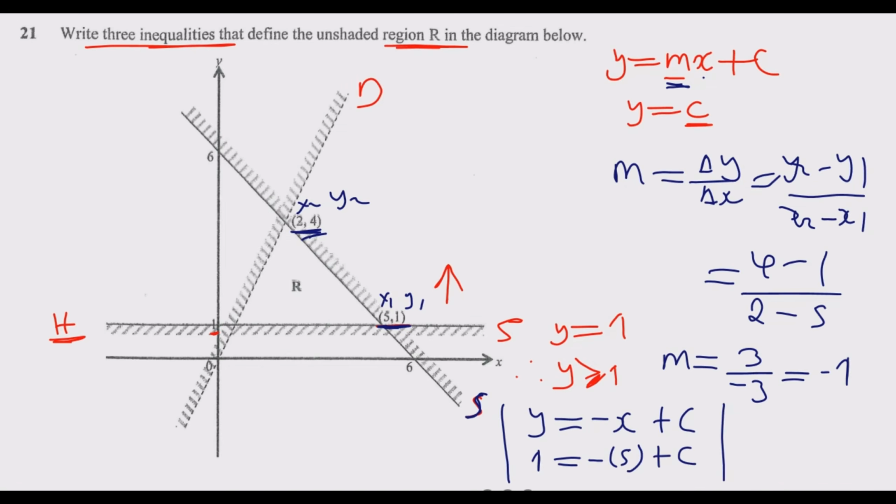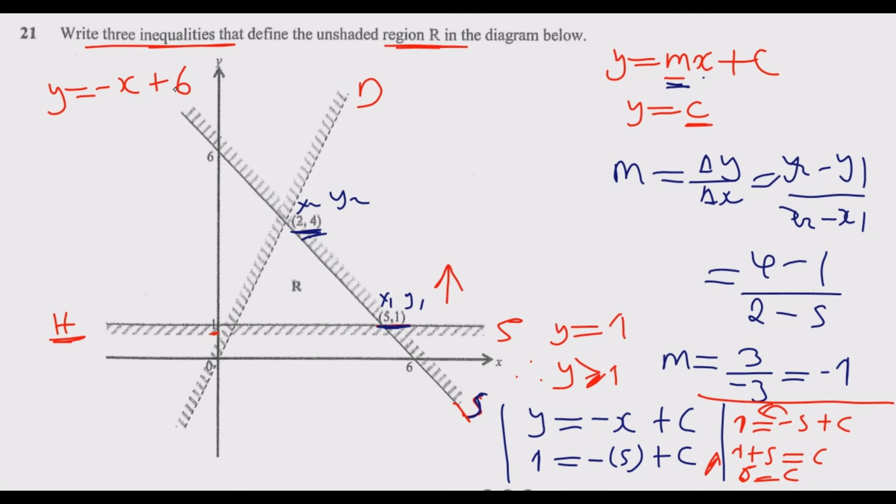So 1 is equal to minus 5 plus c, so 1 plus 5 is equal to c, and 6 is the value of c. So this equation now becomes y is equal to minus x plus 6.